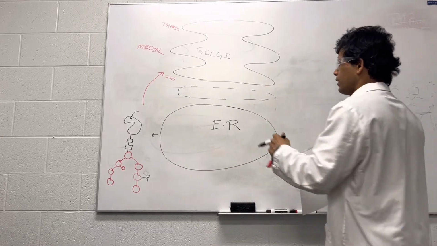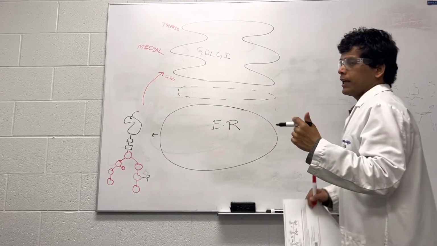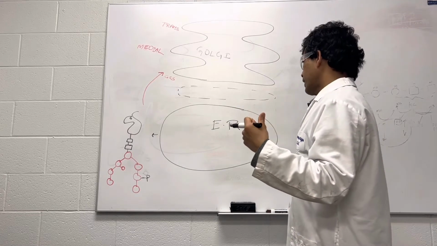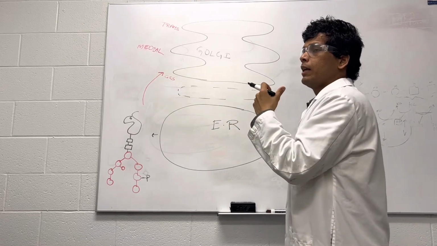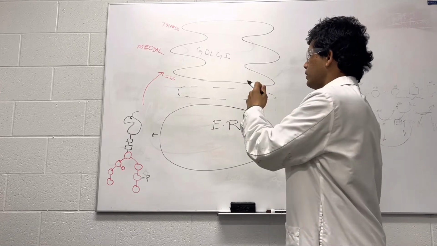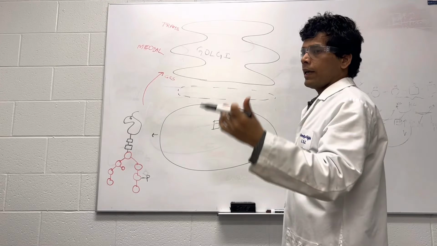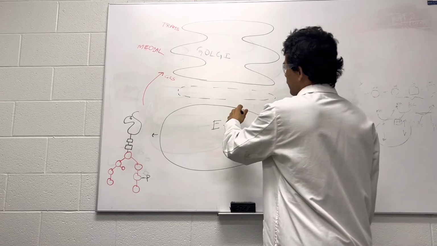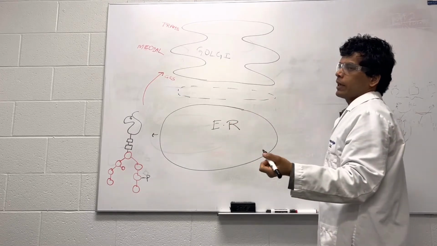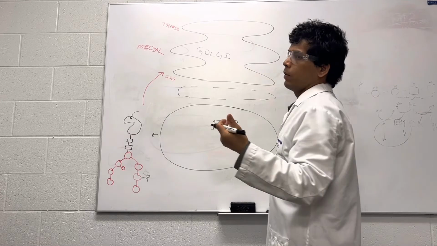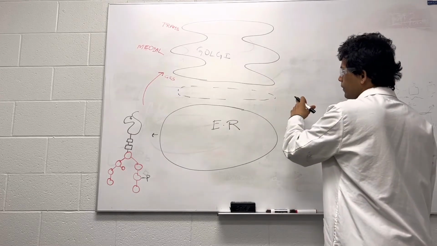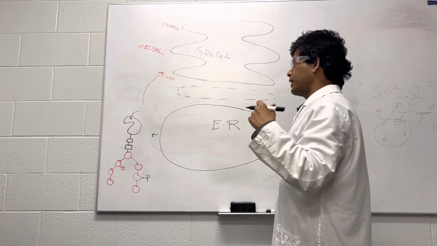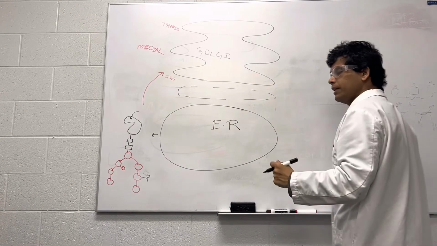For example, in the endoplasmic reticulum, when the protein starts translation in the cytosol, as soon as it forms its signal sequence, the ribosome detects that signal sequence, stops translation in the cytosol, and moves the ribosome machinery to bind and dock with the endoplasmic reticulum. With the help of the translocon, it will start translating the protein inside the ER lumen.